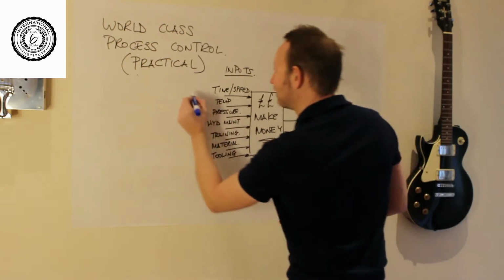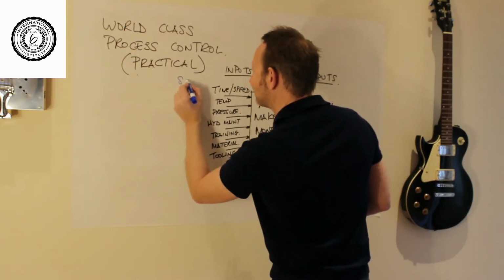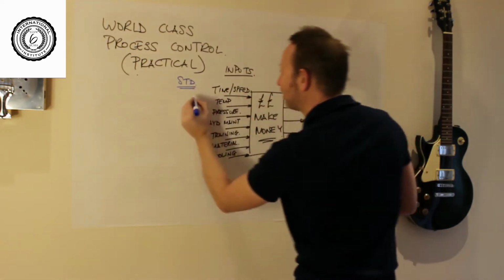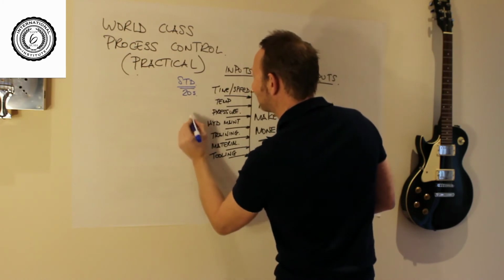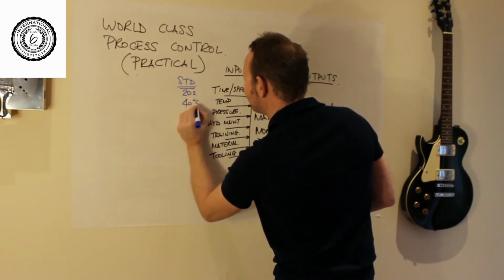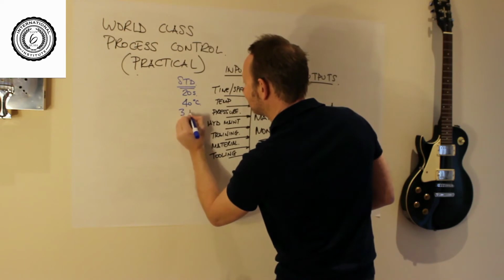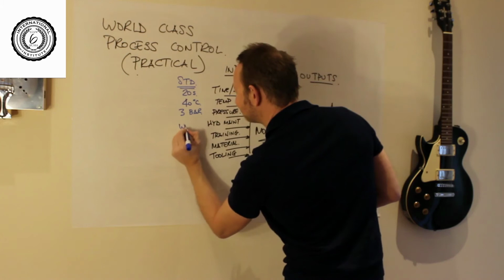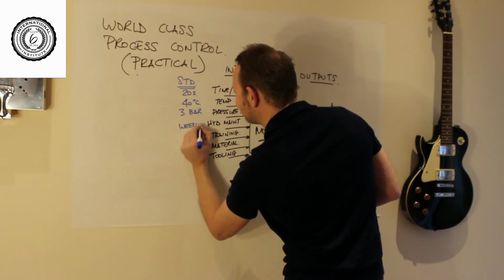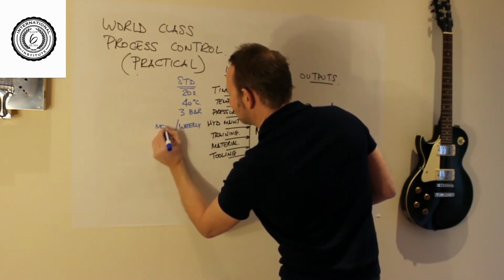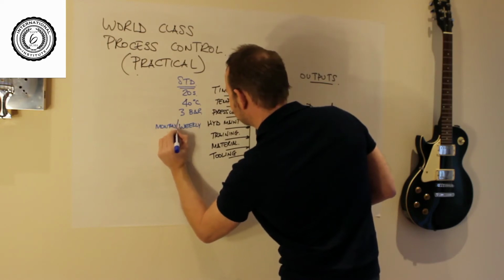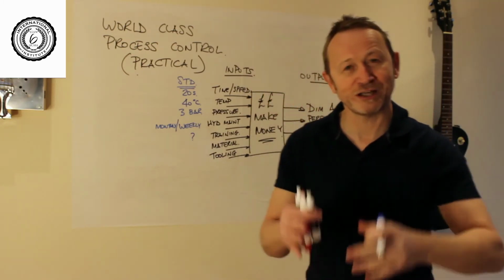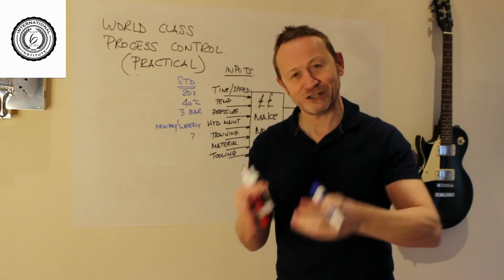What they do is they decide on a standard for each one. So time and speed, I don't know, 20 seconds, temperature, 40 degrees C, pressure, 3 bar, hydraulic maintenance, I don't know, you go weekly, monthly, etc. Training, okay, not sure what the standard would be for training, but you'd have a planned training course.